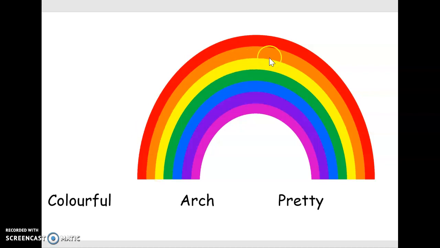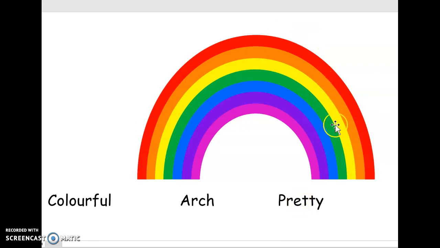Then I've looked at the shape. This is an arch or a semicircle, so I've written arch. And then I looked at it and I thought it's really pretty, so I've chosen the word pretty. So they're my 3 adjectives that describe a rainbow: colourful, arch, pretty.